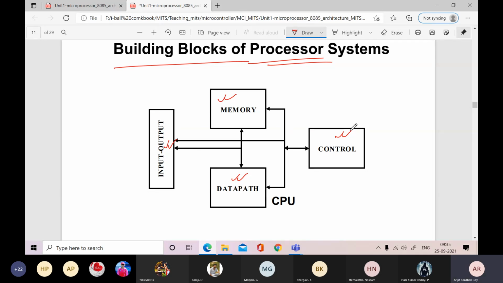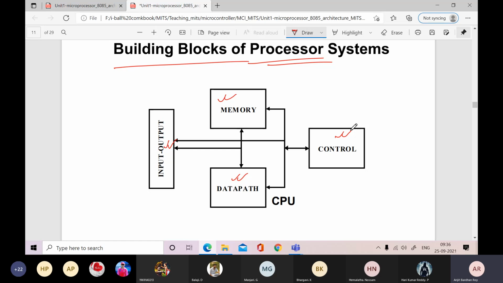Memory must be there, which I told you, otherwise it will not be called a processor. Input output ports must be there, because I have to give some instruction to the microprocessor through this input, and also I have to take my result from the output.